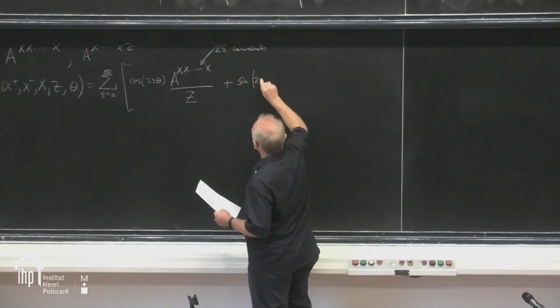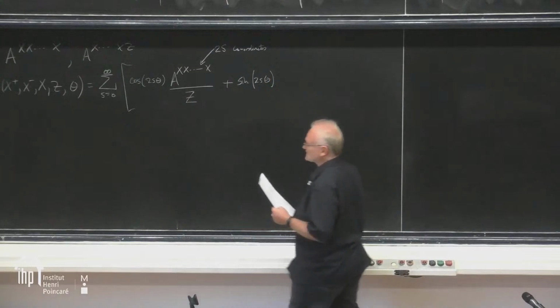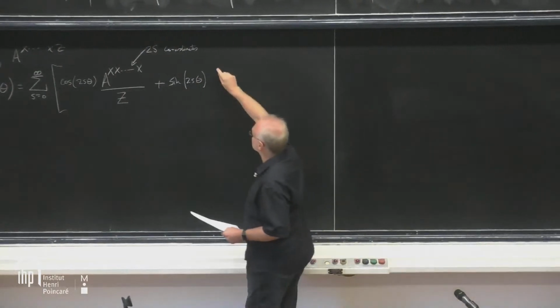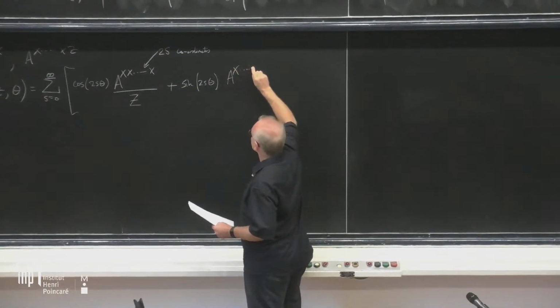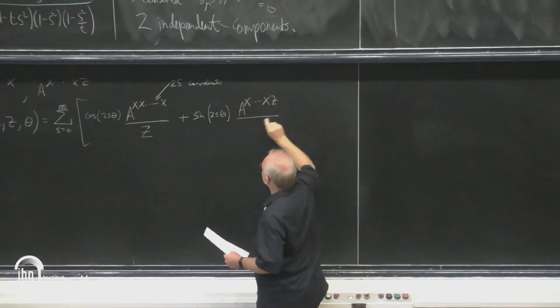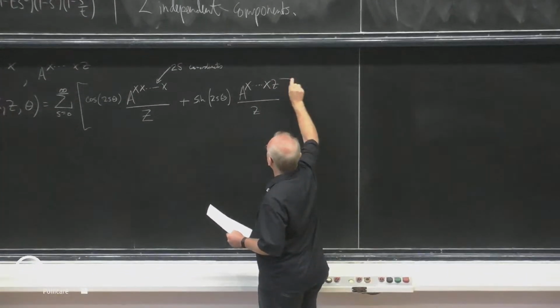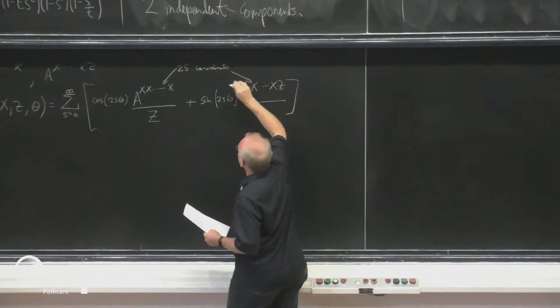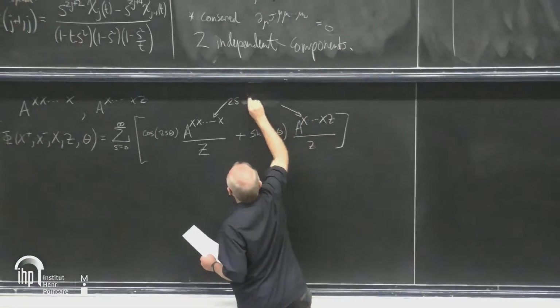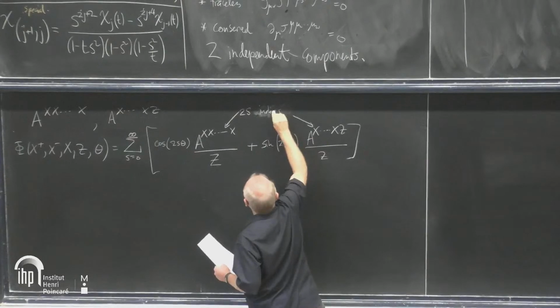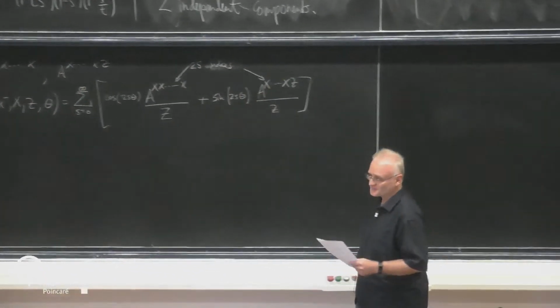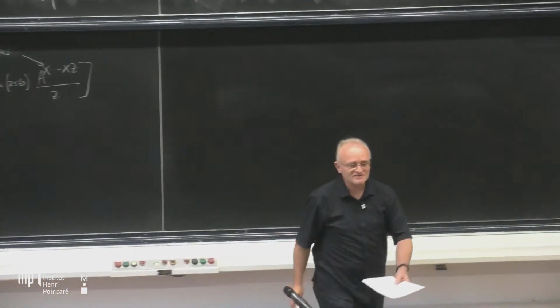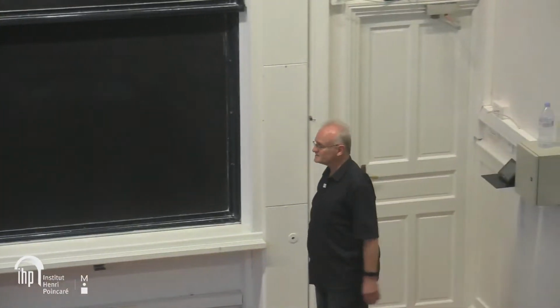Plus sine 2s theta, and we've got A x z over z, and again there are 2s indices. So now I've taken all of these gauge fields and I've packaged them into a single field.